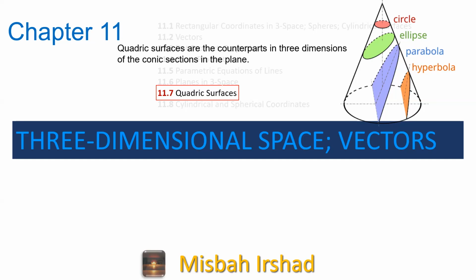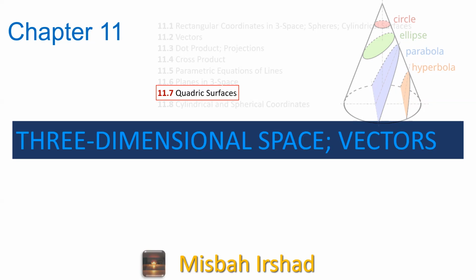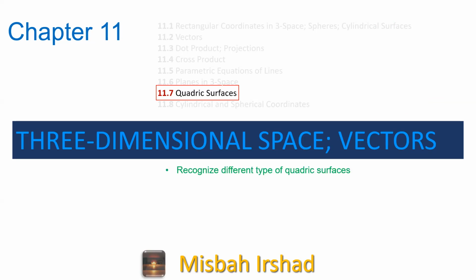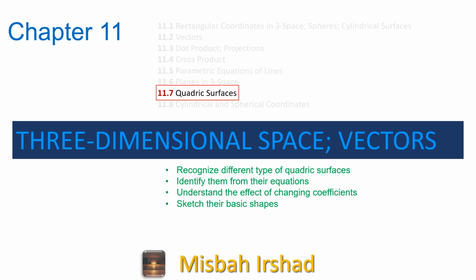Just as conic sections include circles, ellipses, parabolas, and hyperbolas in 2 dimensions, quadric surfaces extend these ideas into 3 dimensions. So, by the end of this lesson, you will be able to recognize the different types of quadric surfaces, identify them from their equations, understand the effect of changing coefficients, sketch their basic shapes, and use cross sections or traces to visualize complex surfaces.